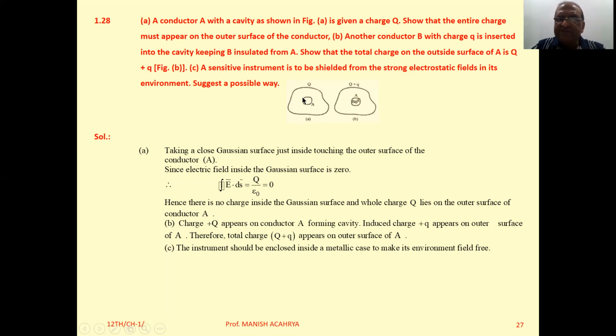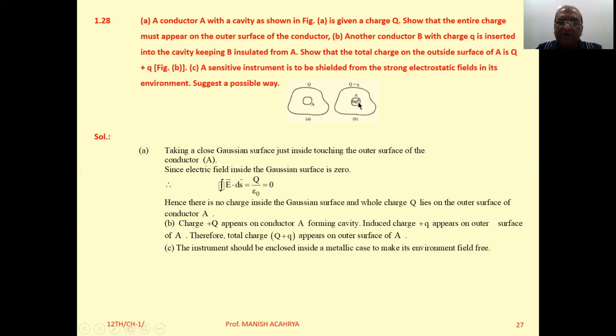If minus q amount of charge is accumulated at the surface of the cavity, then at the outer surface of the conductor plus q charge will be free. So in that case, the net charge on the outer surface of conductor A will be capital Q plus small q.